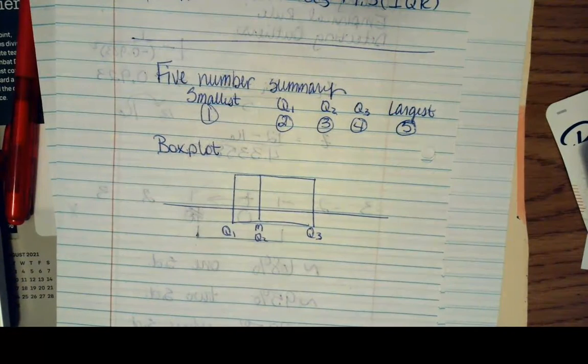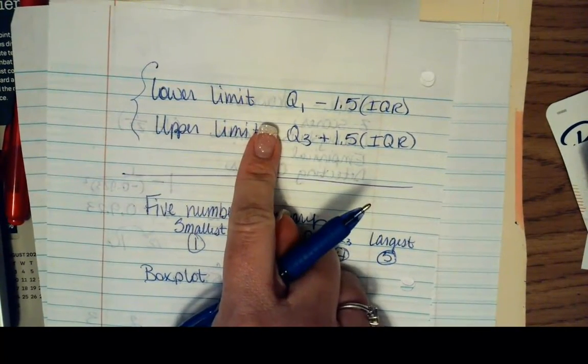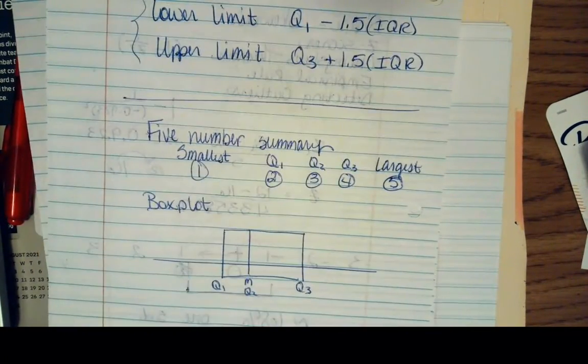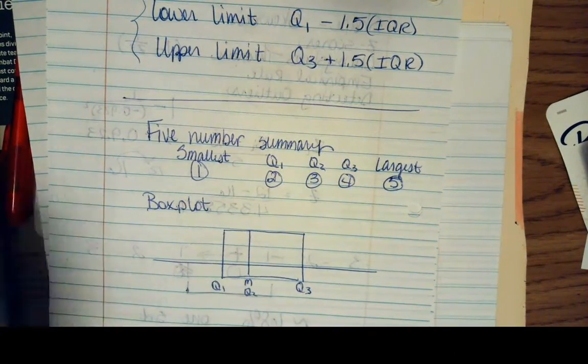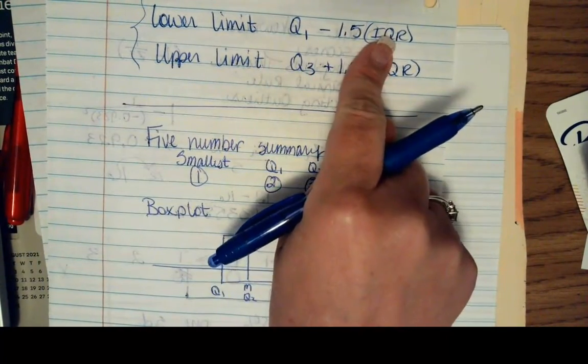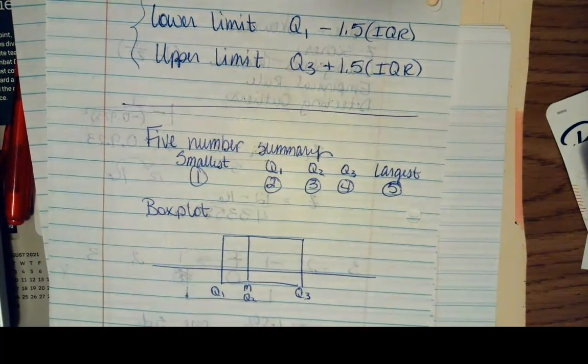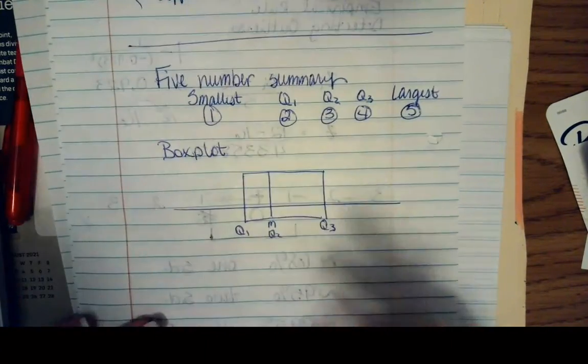Now what you want to look at is, instead of reporting the smallest number and the largest number, we're actually going to refer back to this. What I want to do is take 1.5 times the interquartile range.